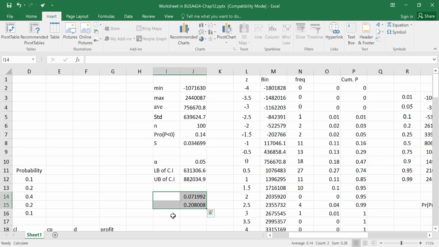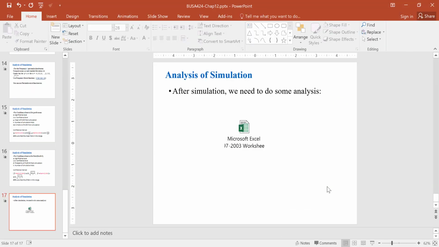This one shows it for the probability of getting a negative value. So the interpretation means that we are 95% sure that the mean falls in this range, and we are 95% sure that the probability that we get negative profit falls in this range. So this is basically the end of this lecture.